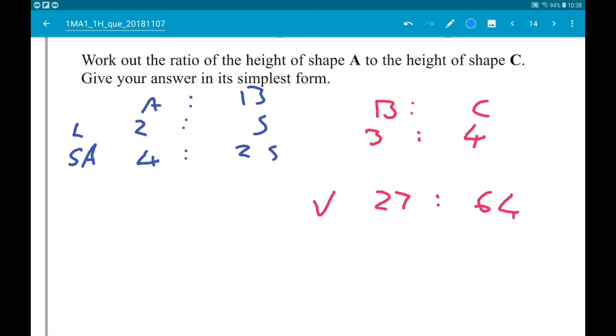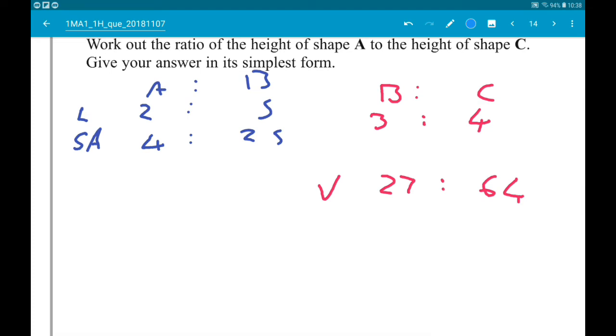So the bit that turns up in both length ratios is B. So, in the left-hand ratio, B has a value of 5. In the right-hand ratio, B has a value of 3. So the lowest common multiple of 3 and 5 is 15. So we're going to change both ratios so that the B part is 15.